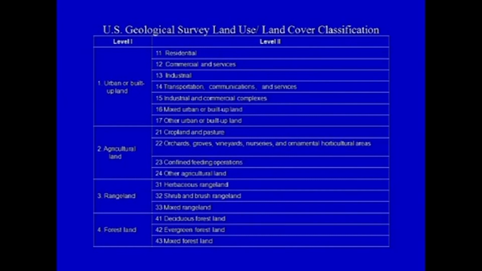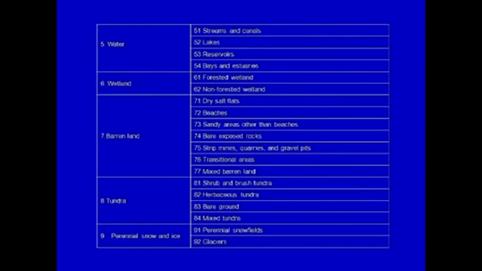Similarly, the other broad classes defined at level 1 can be broken up into detailed information classes. For example, agricultural land can be further subdivided into 4 detailed information classes, rangeland into 3, forest into 3, water into 4 detailed classes, wetland into 2, barren land into 7 detailed classes, tundra into 4 detailed classes, while perennial snow and ice can be categorized into 2 detailed classes.